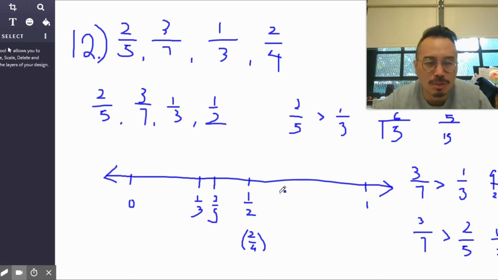So it's slightly under. I'll place it right here, which is 3/7. So that's one way of doing it.